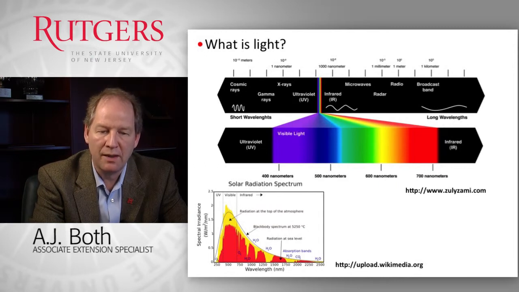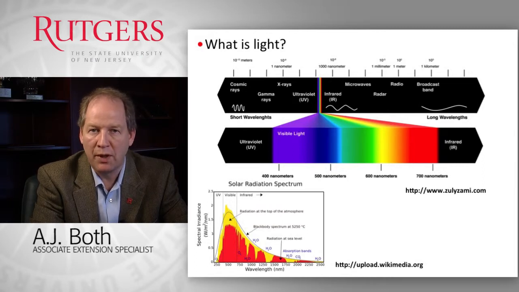So visible light starts at just below 400 nanometers and extends almost all the way out to 800 nanometers. The solar spectrum starts a little smaller, around 200 or 250 nanometers, and extends all the way out to perhaps 3000 nanometers.